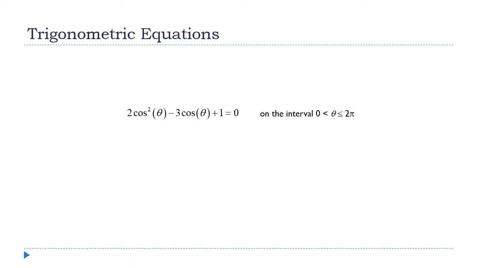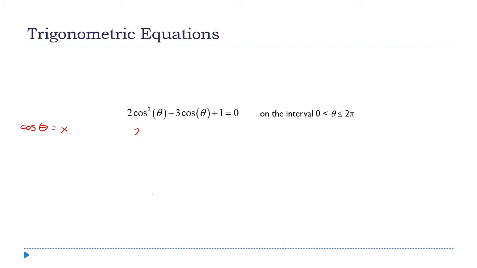Okay, so how about this one? Now I've got squares going on in here. If you look at this, it looks like a quadratic equation. In fact, if you really want to see it, let's replace cosine theta with x.